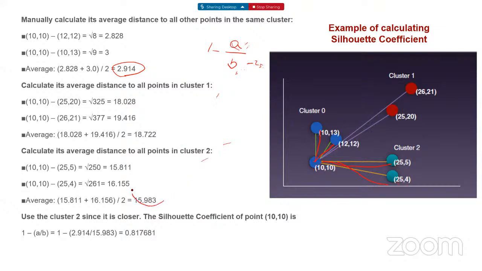So this is the B number. And then the silhouette coefficient is 1 minus 2.914 divided by 15.983.